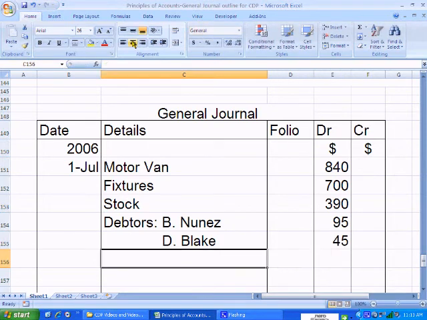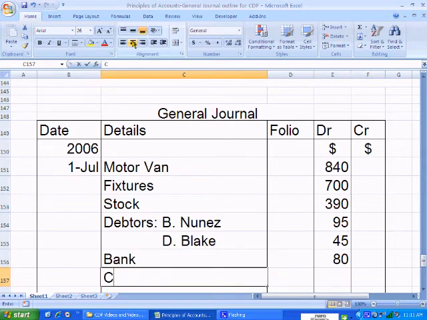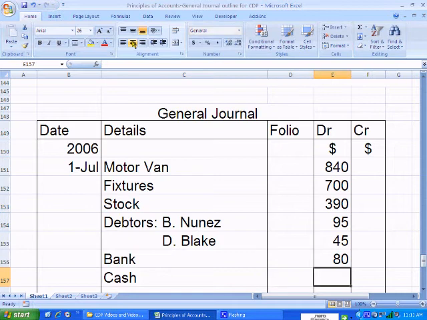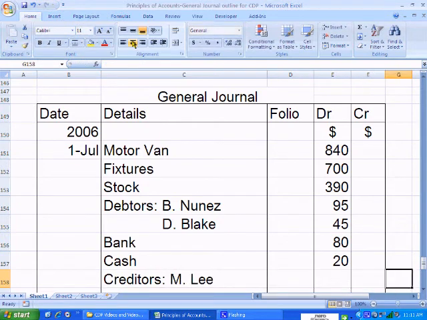We go to our creditors now. Creditors are liabilities, therefore they go on the credit side of the general journal. Therefore, we're going to have 100 for that one. Then go to Seashore. We're going to have 41. Now, the bonus is to calculate the capital.